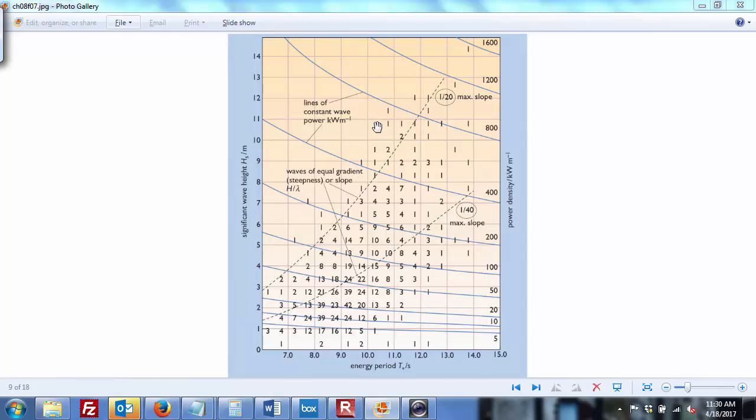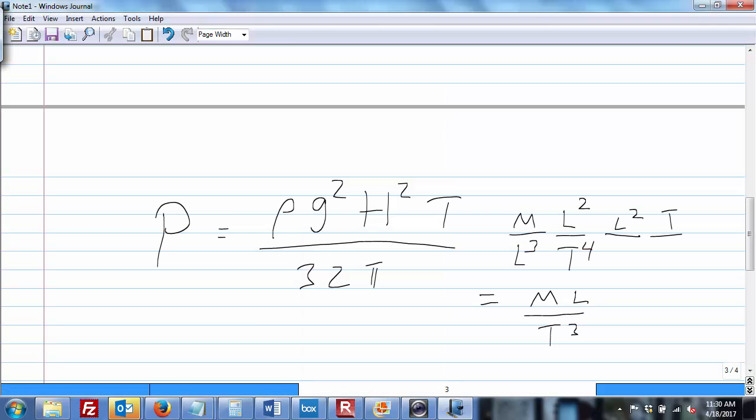So the dimensional analysis bears out exactly what we were doing. So this is power per meter.